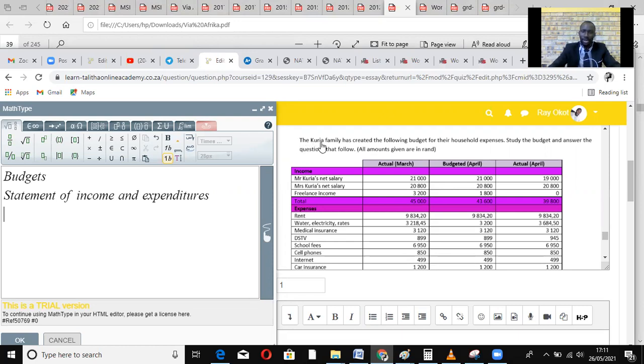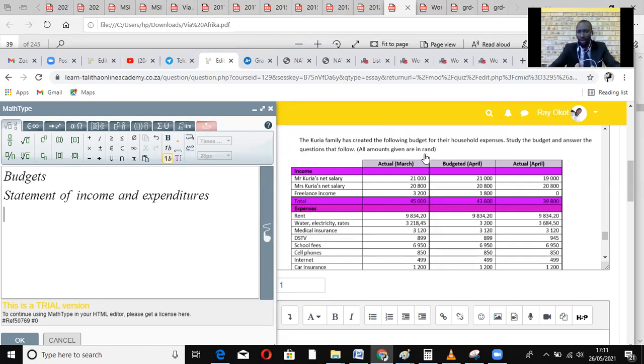The Courier family has created the following budget for their household expenses. Study the budget and answer the questions that follow. All amounts are given in rand.